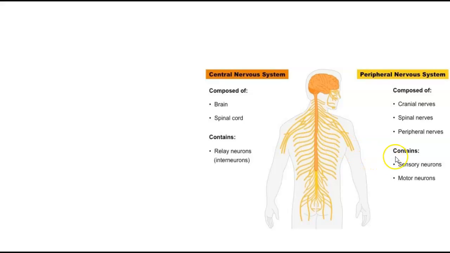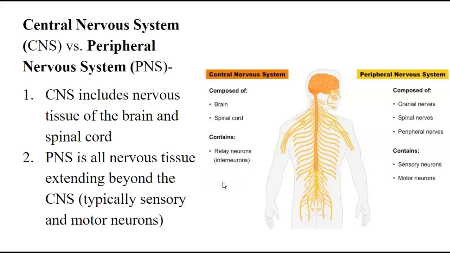The peripheral nervous system contains the bulk of your sensory and motor neurons. The central nervous system contains your interneurons. So, good basic information to understand when you think of this tissue and where it is in the body prior to when we take a more deep dive into this system.